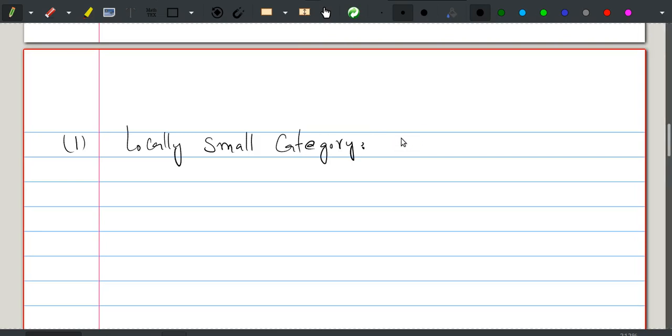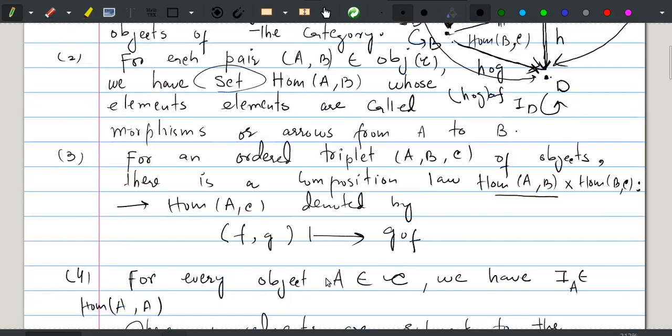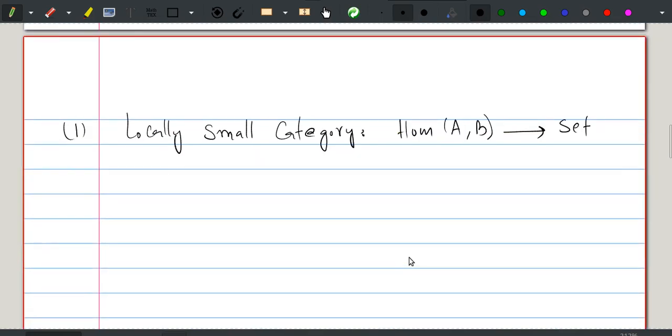If we take this Hom(A,B) as a set, then the category here is the locally small category. In this course, we are dealing with locally small categories because we are taking this as a set, but more generally it's a class Hom(A,B).